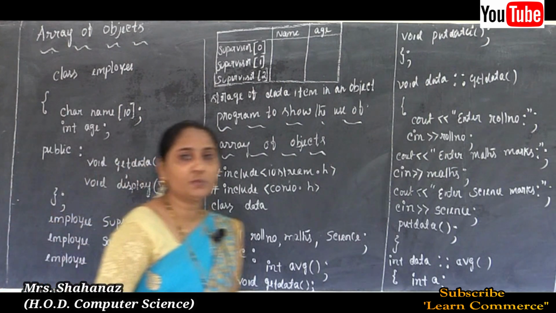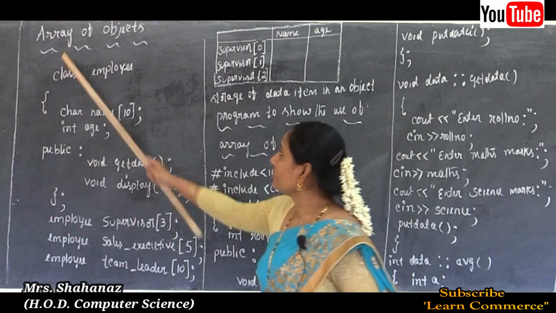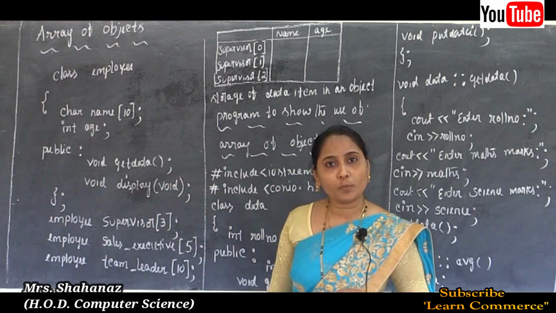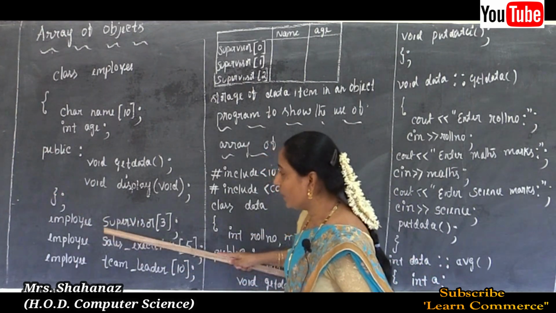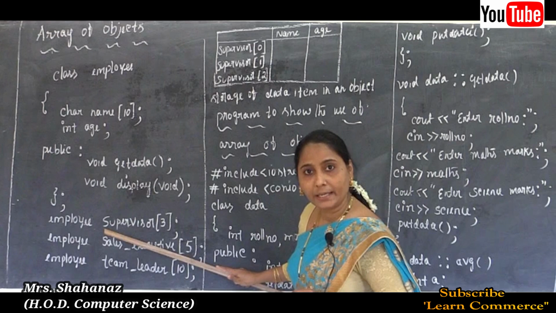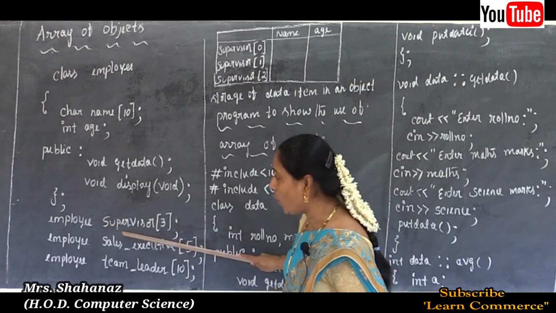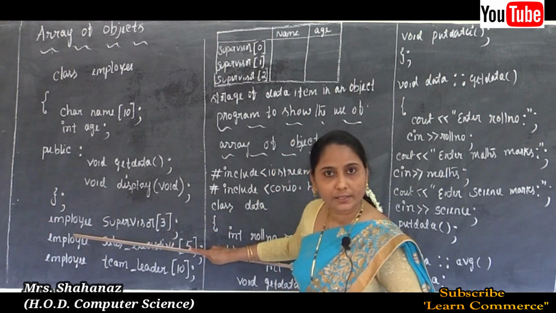An array of objects having class type elements is known as array of objects, and the array of objects is declared after the class definition. Now in this line I declared the array of objects after the class definition. Clear this point here?